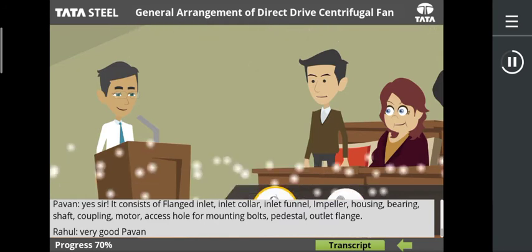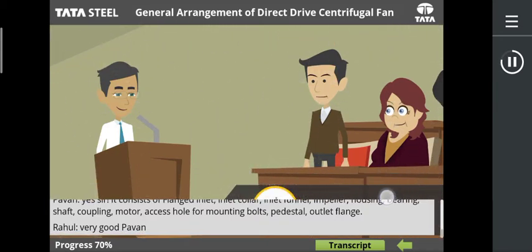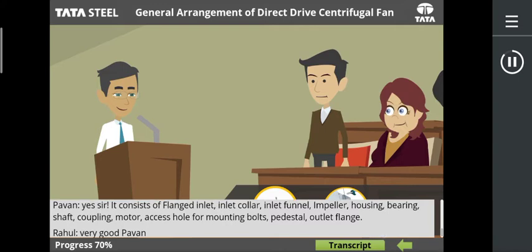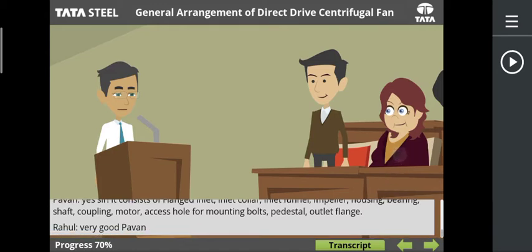It consists of flanged inlet, inlet collar, inlet funnel, impeller, housing, bearing, shaft, coupling, motor, access hole for mounting bowls, pedestal and outlet flange. Very good, Pavan.